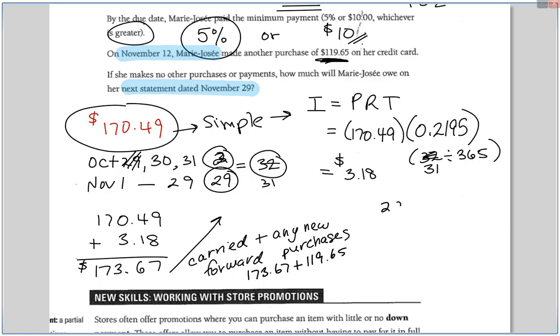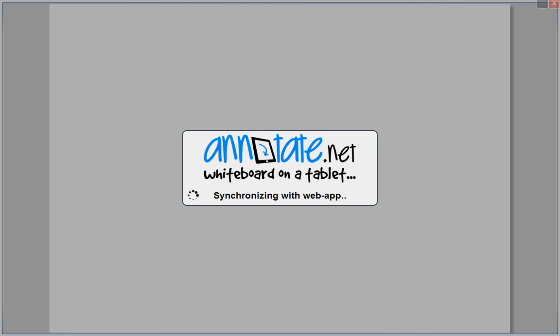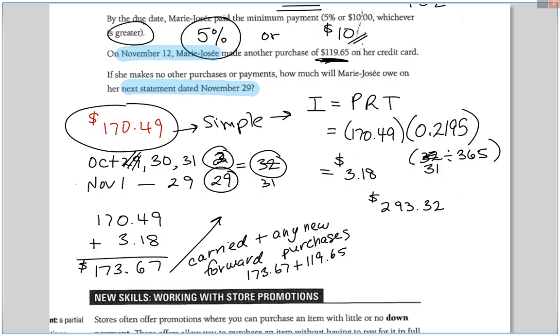You end up owing $293.32 on the next statement. Okay, this is what will be charged on the next statement, $293.32. Crazy, right?